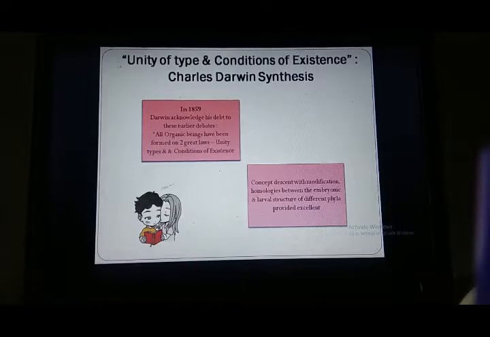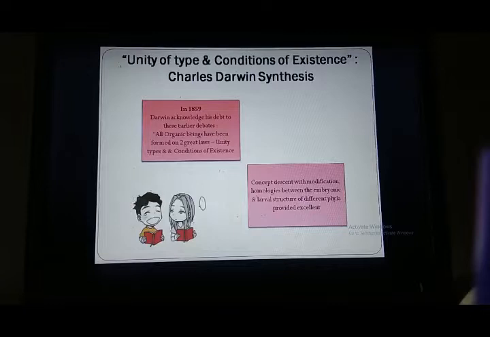Darwin acknowledged the depth of these early debates when he wrote in 1859 that it is generally acknowledged that all organic beings have been formed on two great laws: there is a unity of type and the conditions of existence. Darwin went on to explain that his theory explains the unity of type by descent from a common ancestor.